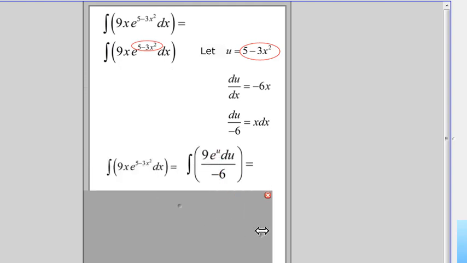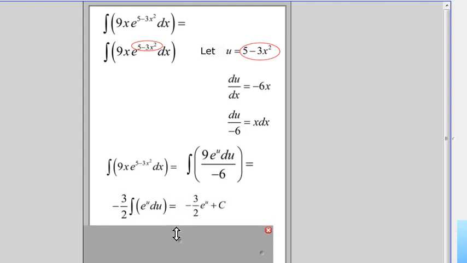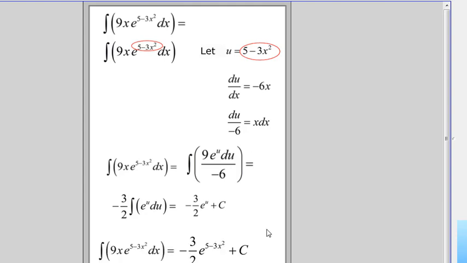So here we replace x dx by du over minus 6 and e to the 5 minus 3x squared as e to the u. Having done this, we can take the constants outside the integral and just solve e to the u du, which is e to the u. Now we just need to replace by the expression in terms of x, and that's our integral.